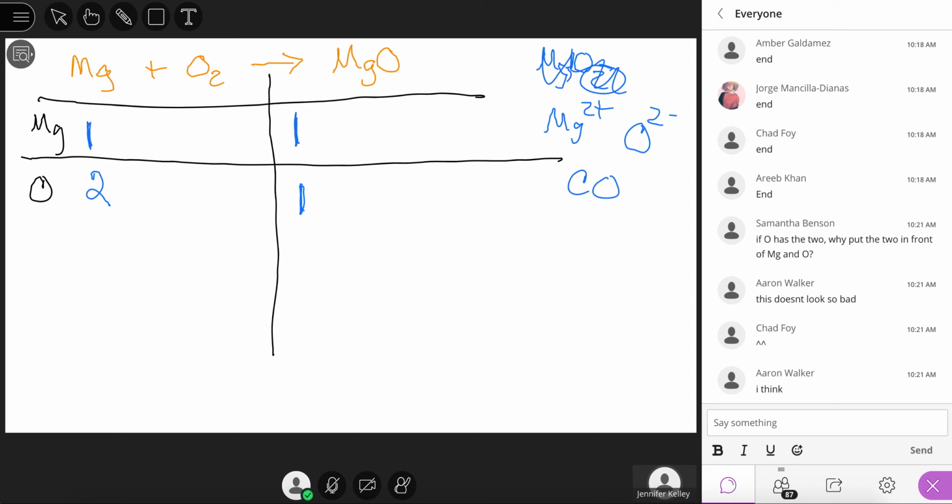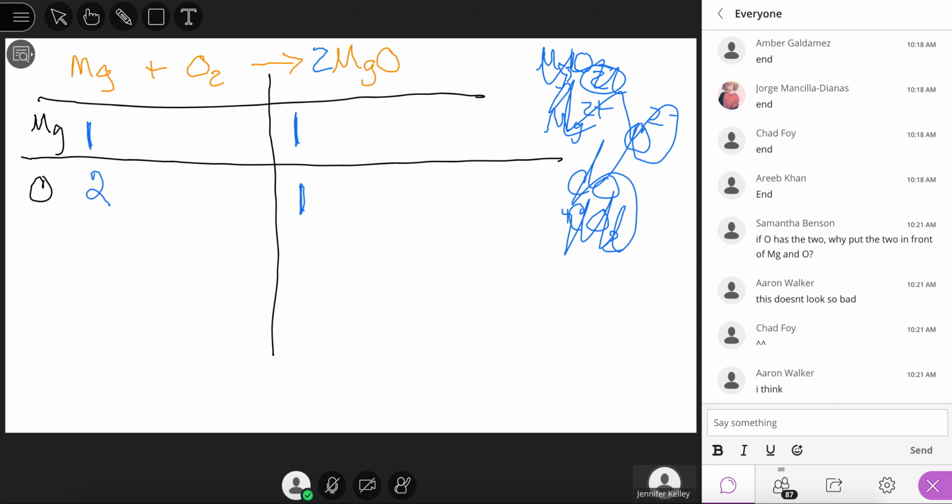Like the difference between carbon monoxide, which is poisonous, and carbon dioxide, which we breathe in and out all the time. So the only thing we can change is the coefficient: if we have 2 oxygen on the left, and I say we have 2 magnesium oxide, then now my oxygens will match.